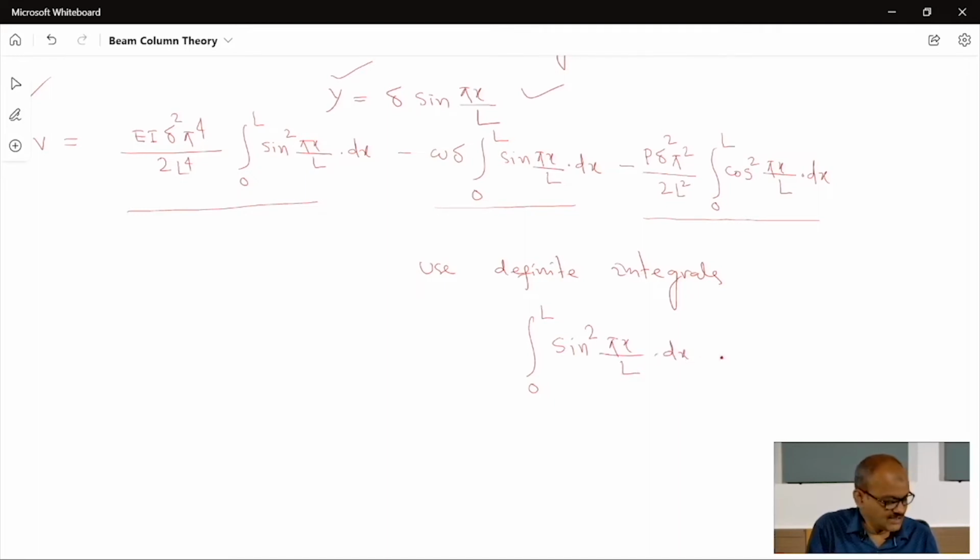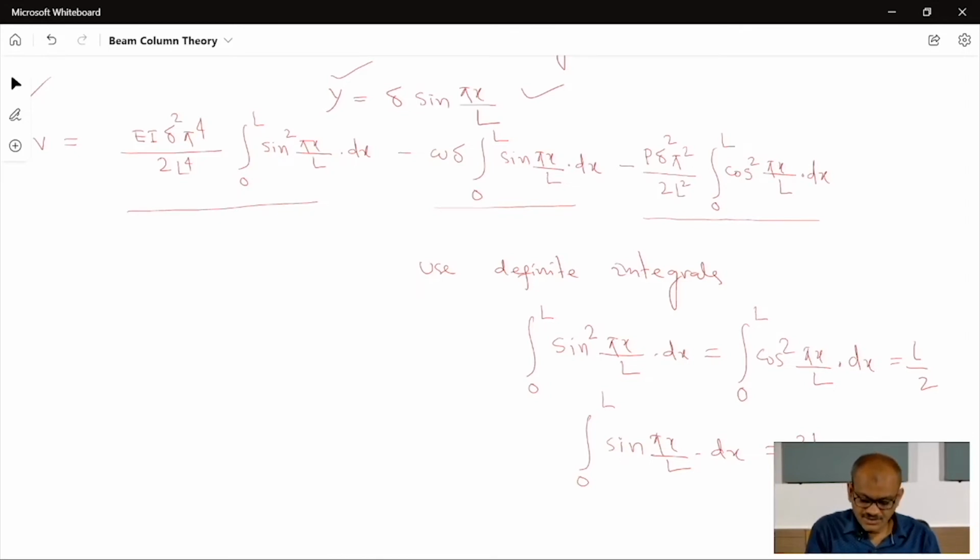If you integrate, that will become L by 2, and the cos square pi x by L integral will also be the same. And integration of 0 to L of sine pi x by L into dx, if you do, it will come 2L by pi.